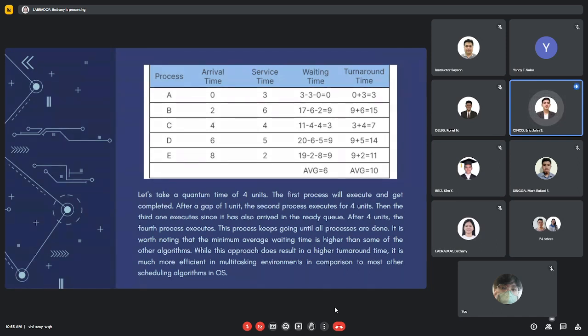After 4 units, the fourth process executes, and it keeps going until all processes are done. It is worth noting that the minimum average waiting time is higher than some of the other algorithms. While this approach does result in a higher turnaround time, it is more efficient in multitasking environments in comparison to most other scheduling algorithms.